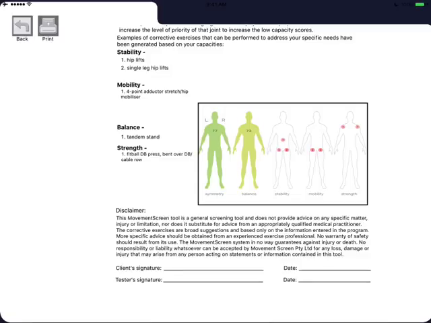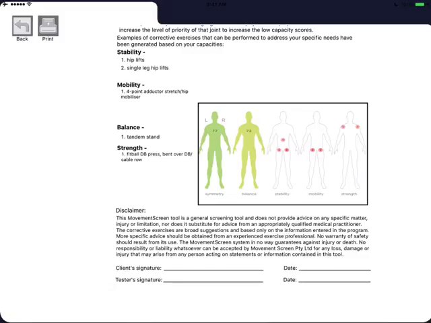So in this case, stability, both for the core and for the hips, and they're ranked according to the score that they got. If the client got a really bad score, they're going to get very simple ground-based movements. In this case, the scores weren't too bad for stability because we're using a hip lift. That's a little more complex than, for example, just core activation and some leg loads or dead bugs, that type of exercise.